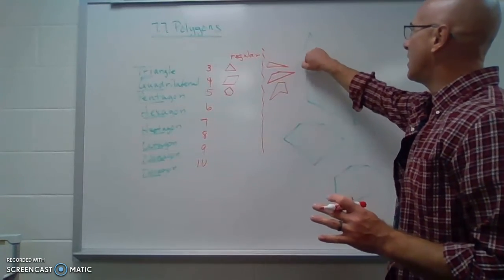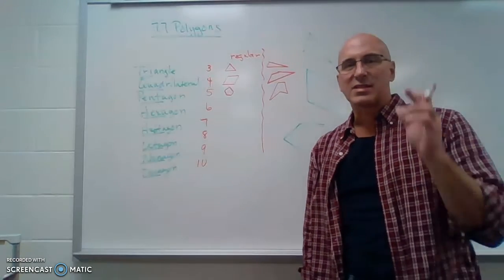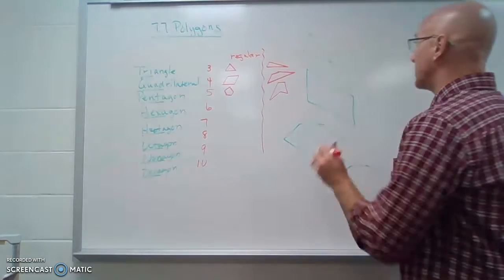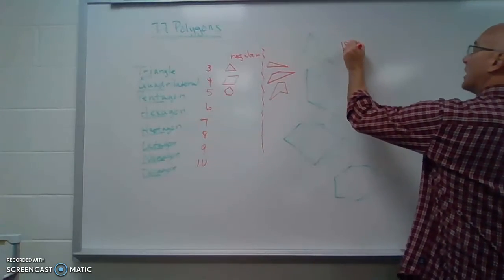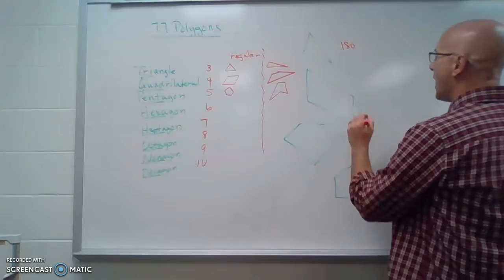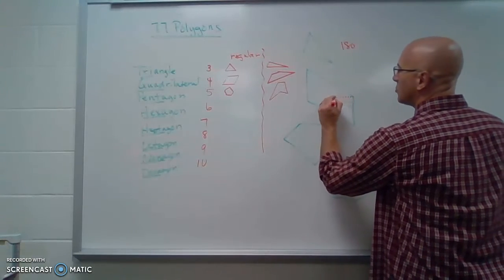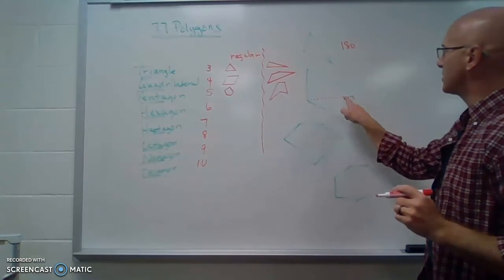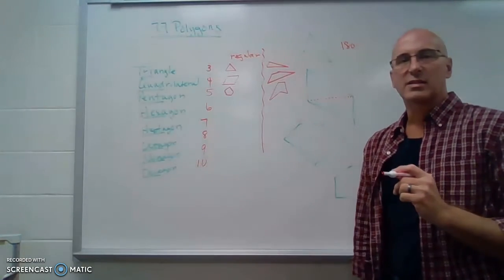In a previous lesson, we learned that the sum of the measures of the angles in a triangle is 180 degrees. So let's take this quadrilateral right here. I am going to connect these two vertices with a straight line segment.